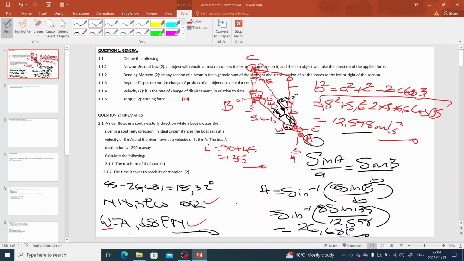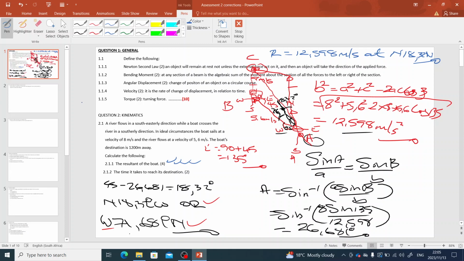You will still get the same and the correct answer. Now, in stating everything, the resultant equals 12.598 meters per second at north 18.32 degrees west. Then this question is worth how many marks? 4 marks. This is what you were supposed to have done.